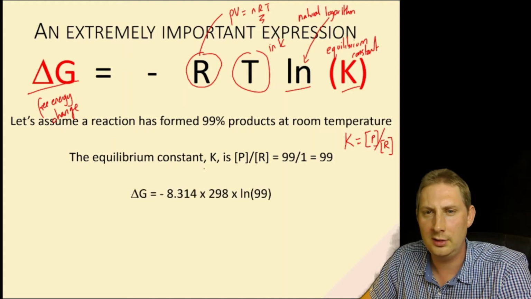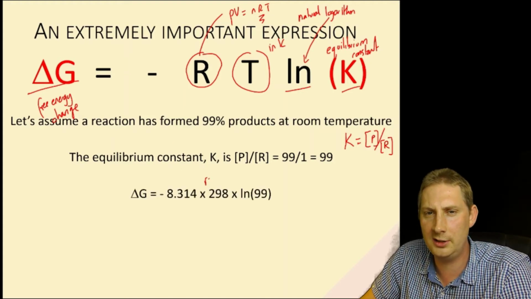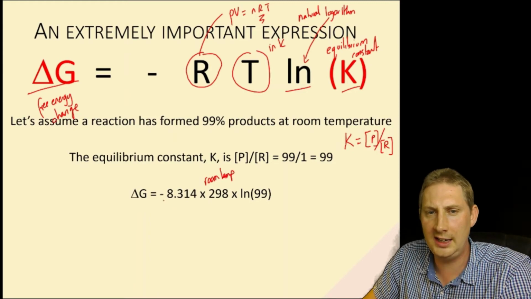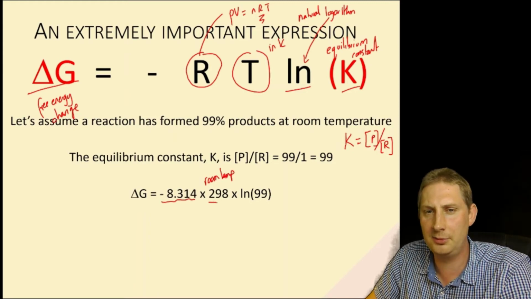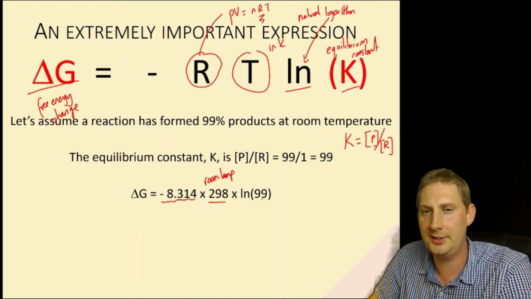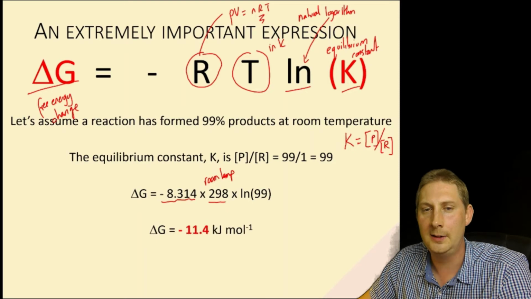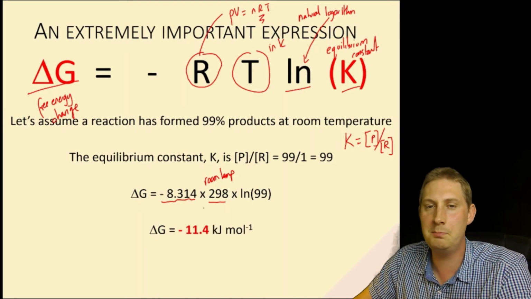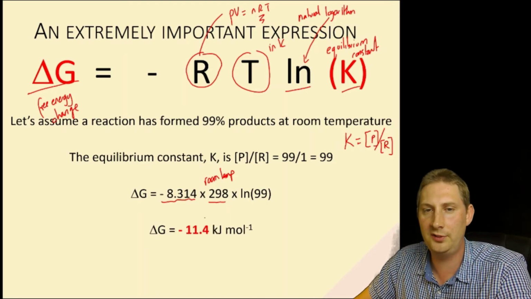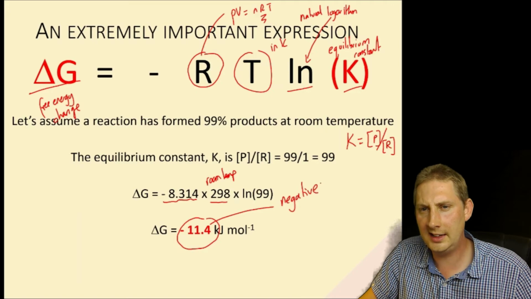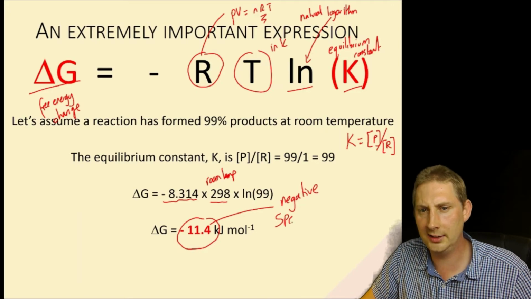So let's assume room temperature. Delta G is minus R times room temperature in Kelvin times the natural log of 99. And if you work that out in your calculator, you'll find that the free energy change is minus 11.4 kilojoules per mole. It's negative, indicating that this reaction is spontaneous.